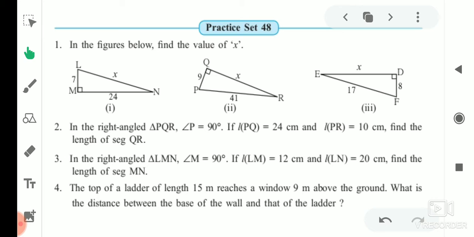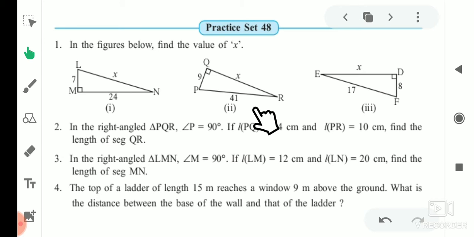Okay, let's see the exercise. In this question, triangle LMN is given and angle M is a right angle, and we have to calculate the length of LN. So length of LN square will be equal to MN square plus LM square, that is 24 square plus 7 square. By solving it, we will get the value of X. These questions you will try in the homework at your home.